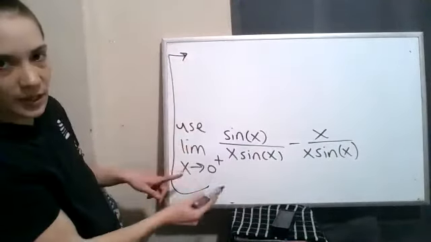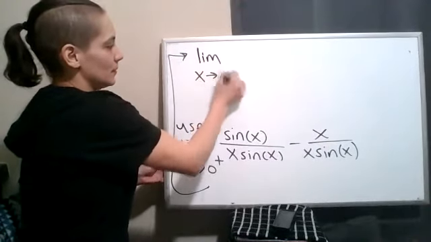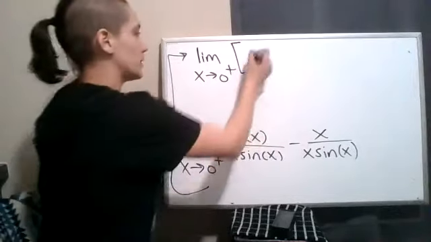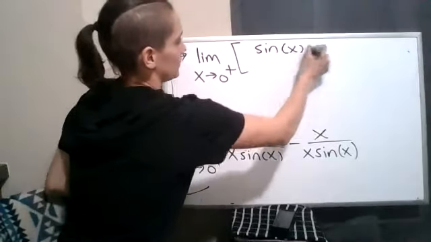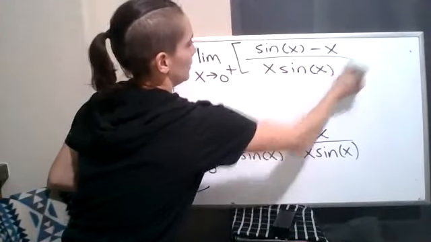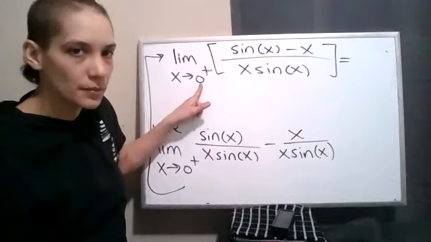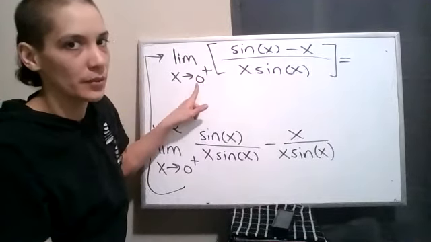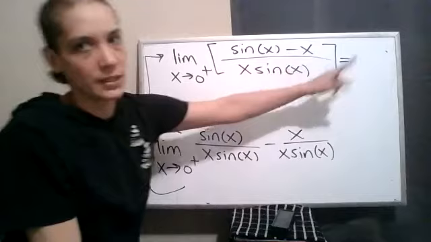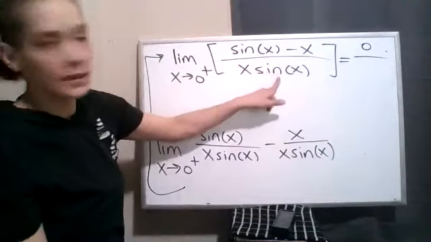The limit as x goes to 0 from the right of the sine of x minus x, over x times sine of x. Let's check this out. We're approaching 0 from the right. So this is like the sine of 0, which would be 0, minus 0 is 0. Okay, 0 times 0 would be 0.